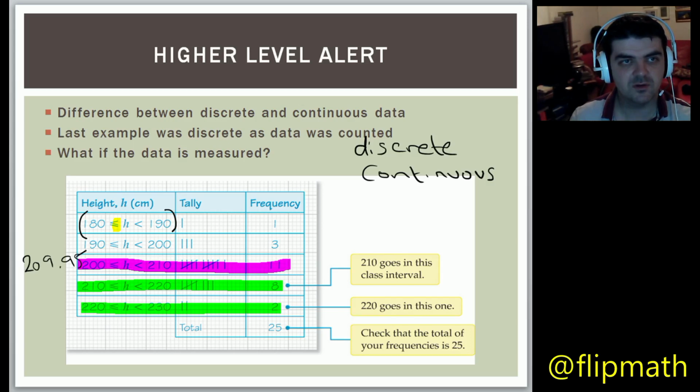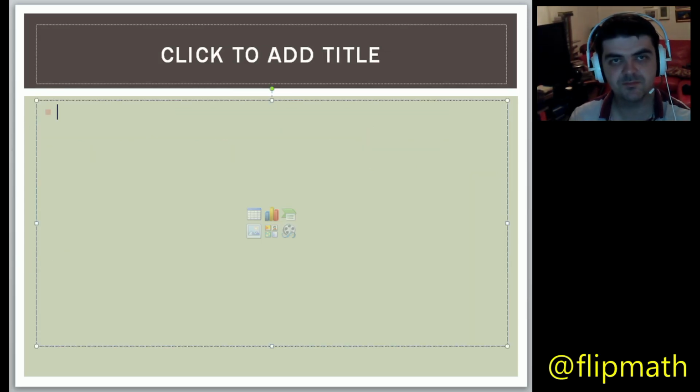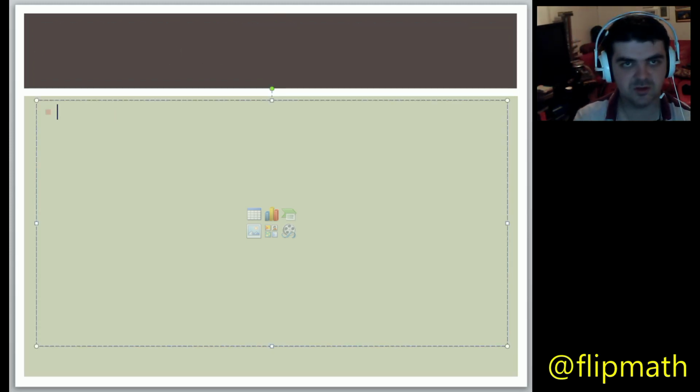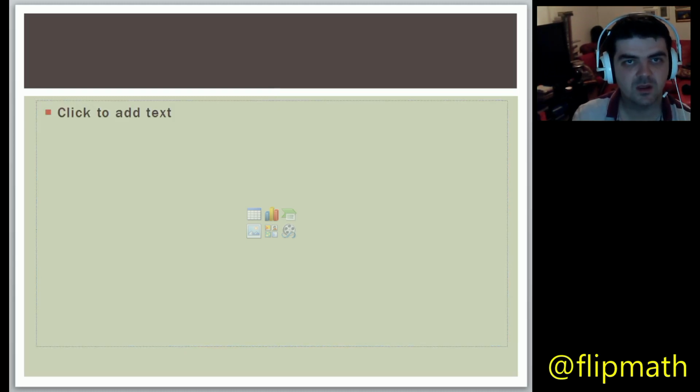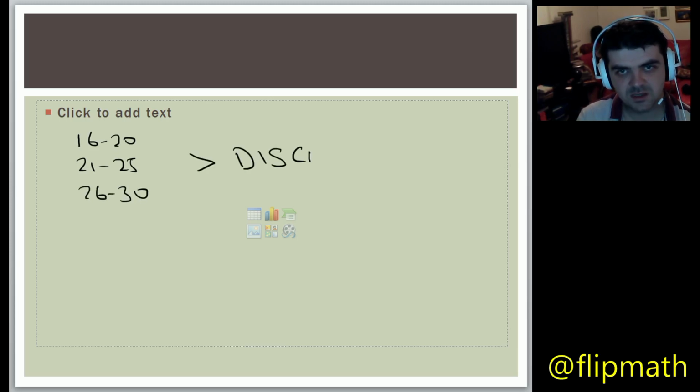If your data is discrete, you will have a table that runs something like this. You will have something like 16 to 20. They will be whole numbers. 26 to 30. And that will be discrete.